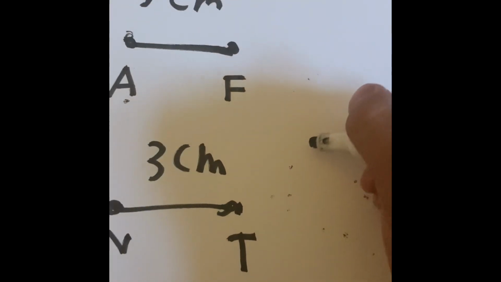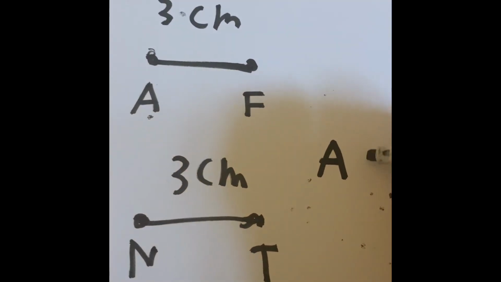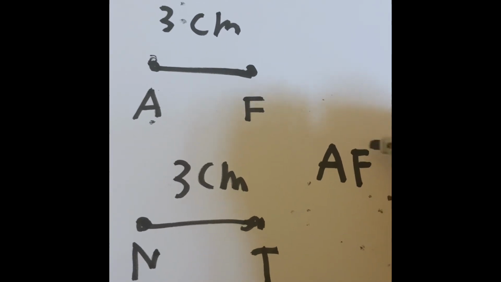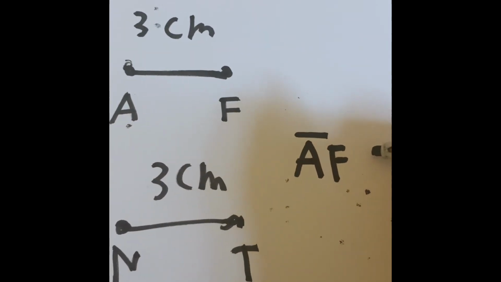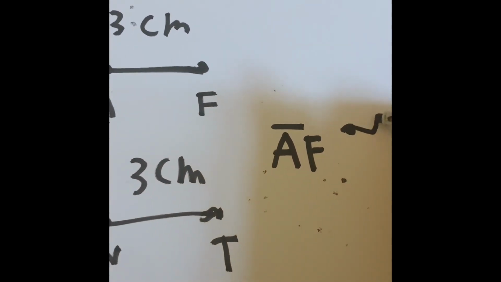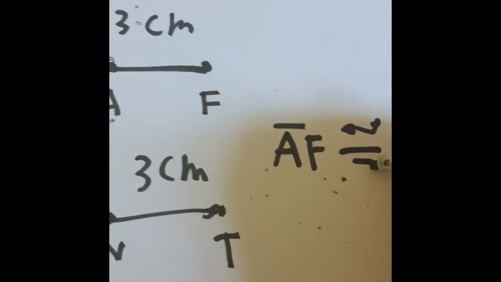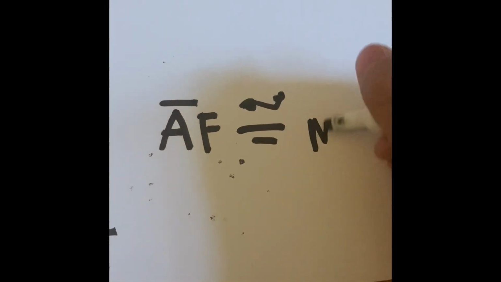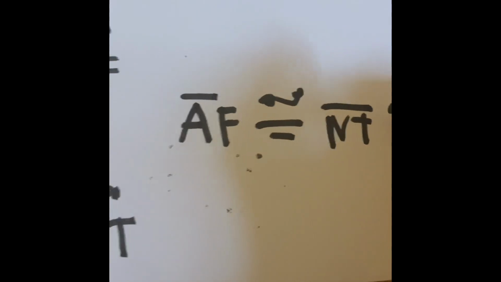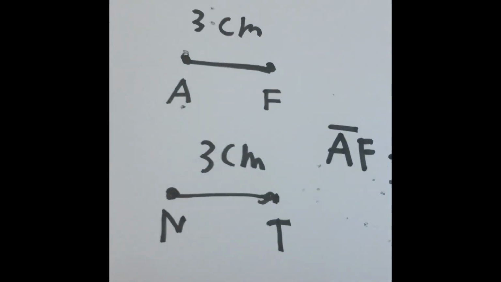That means in an equation, we can say that segment AF is congruent with segment NT. They are the same.